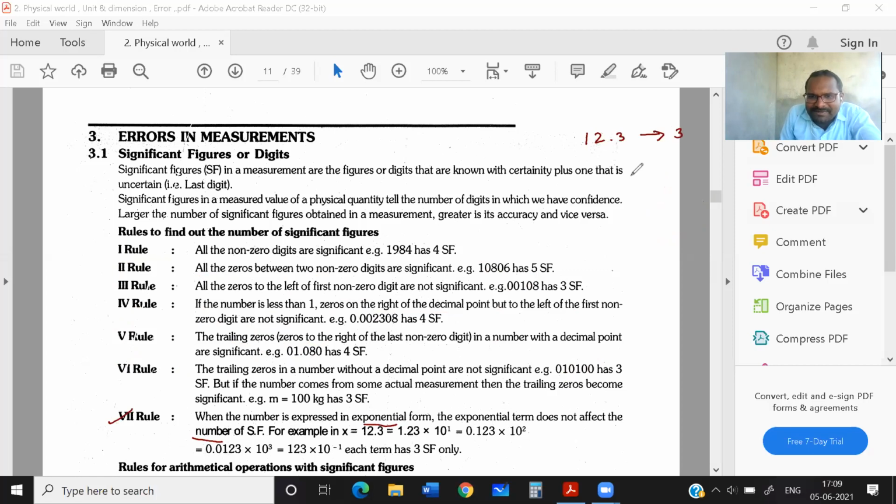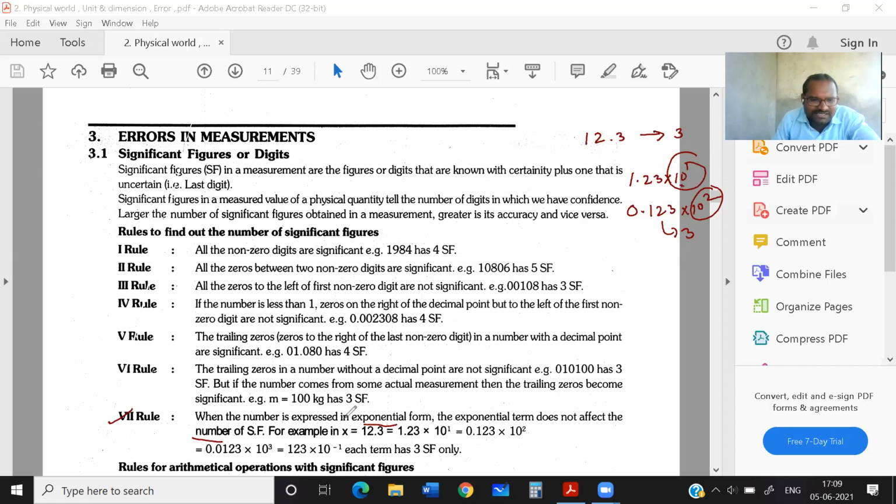This we can represent like this: 1.23 into 10 to the power of 1. This is also having 3 significant figures. This we cannot consider as a significant figure. This we can also write as 0.123 into 10 to the power of 2. This is also having 3 significant figures. This exponent doesn't have any significant figures. Okay.